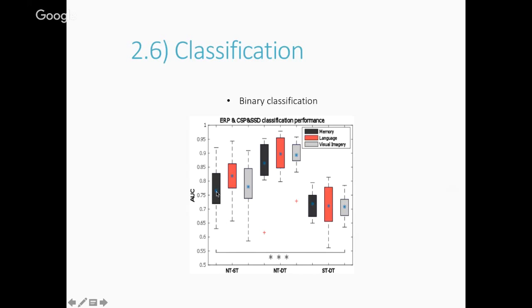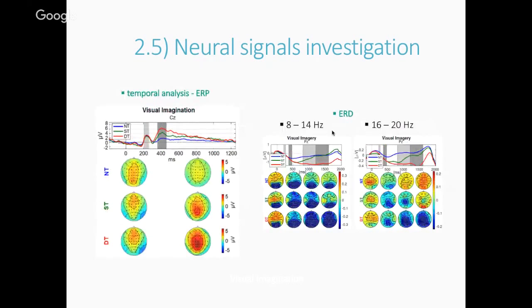Accuracy considering memory, language, and visual imagery for all three cases for all three discriminations. And we can see the highest discrimination between no processing and deep processing, which relates perfectly to the highest discrimination in the graphs, like here.